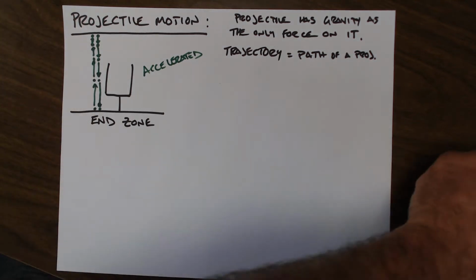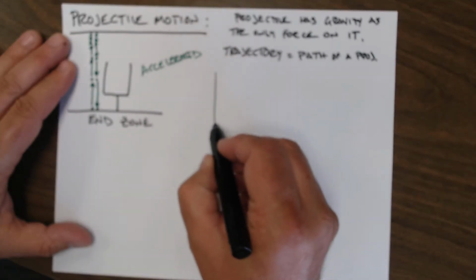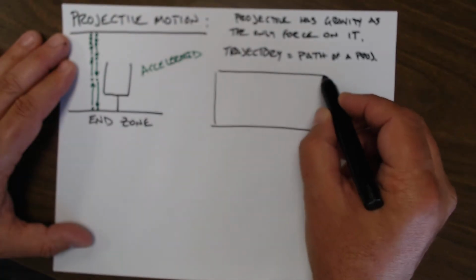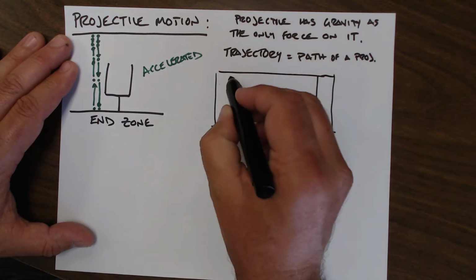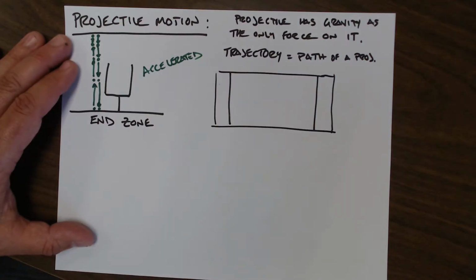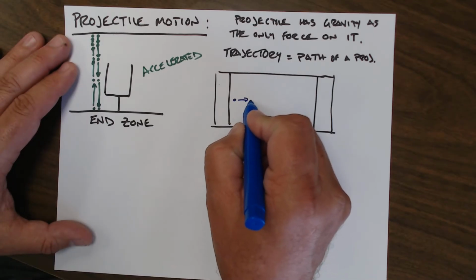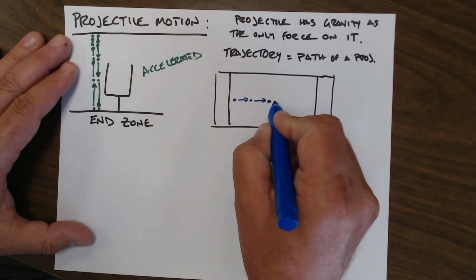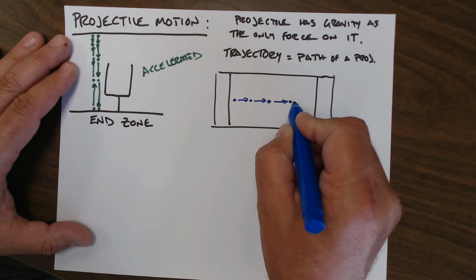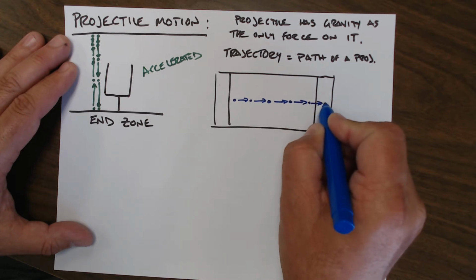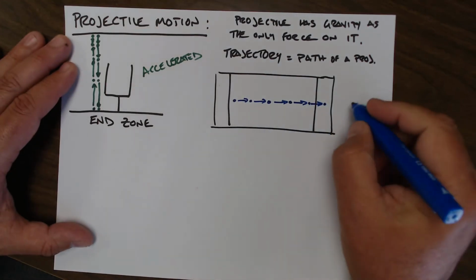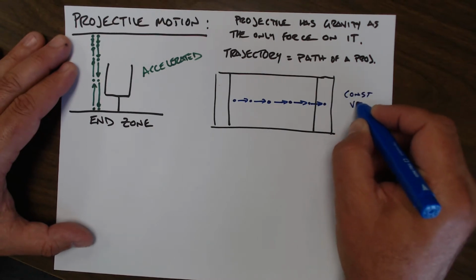If you were to watch that very same kickoff from a different perspective, let's just say you were in a drone or a blimp far above the stadium, you would see that the football would move the same distance in equal intervals of time because this is constant velocity motion.